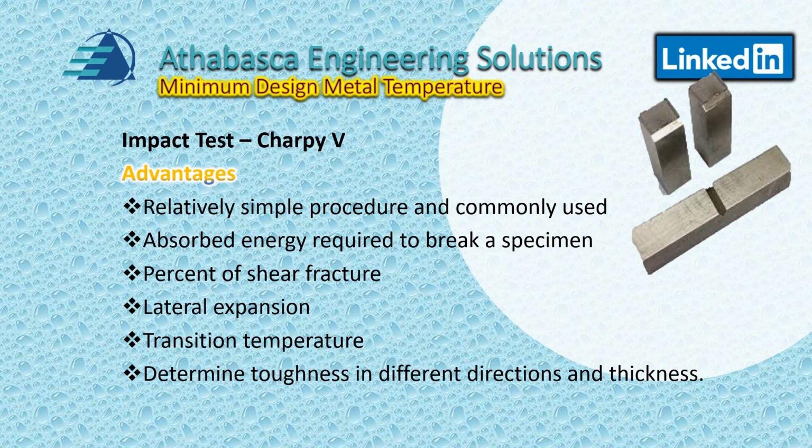You can cut samples perpendicular or in different orientations to the way the steel is rolled and made, and also with reference to the weld as well. So it's a great way to check the directional properties of the materials.